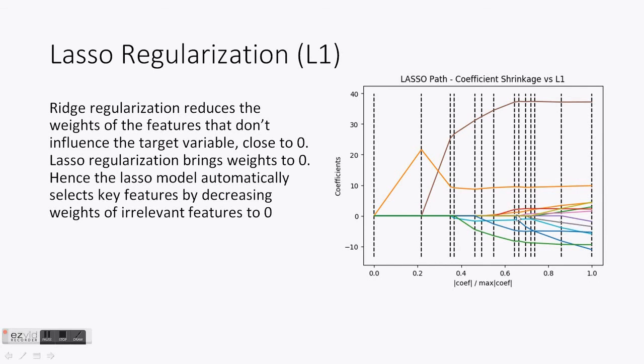For example, if I take a point here, 0.6 or 0.7, many of the coefficients have actually reached zero, while some are still there. So lasso automatically removes features which do not have influence. Though it is true that lasso does remove certain features, what I have read is that ridge regression is more commonly used than lasso.